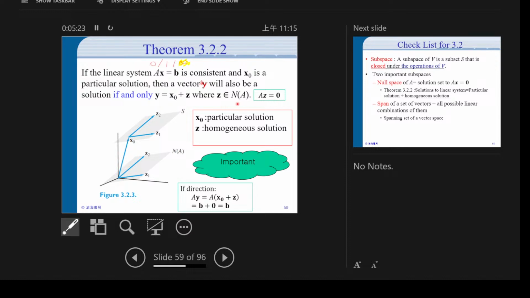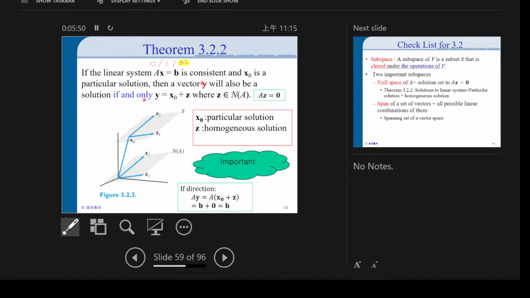This is a very important concept. This theorem is why we spend a lot of time talking about homogeneous solutions, the homogeneous system Az equal to 0. Because the solution set of Az equal to 0 will tell us a lot about the solution set of Ax equal to b, where b is arbitrary.